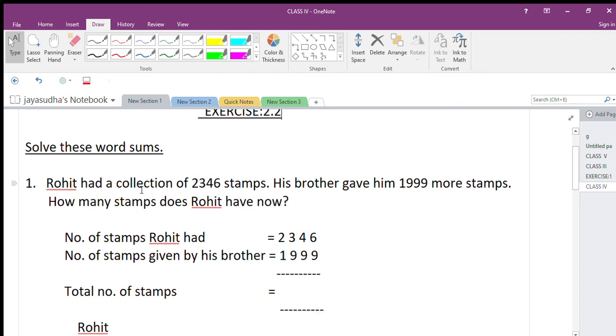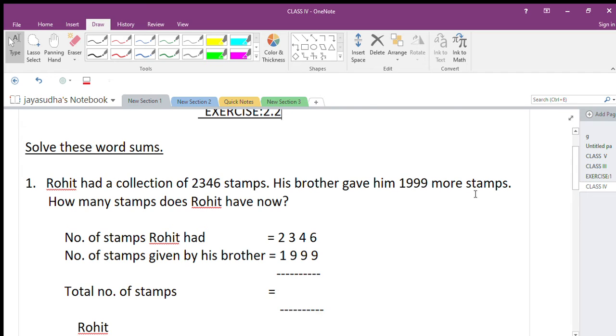Rohit had a collection of 2346 stamps. His brother gave him 1999 more stamps.